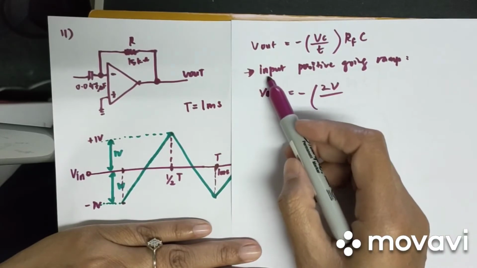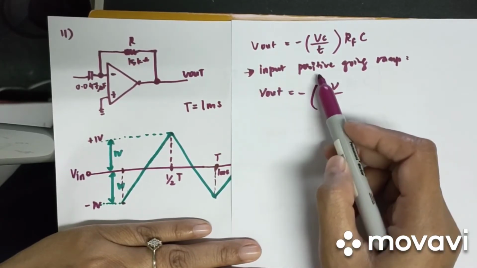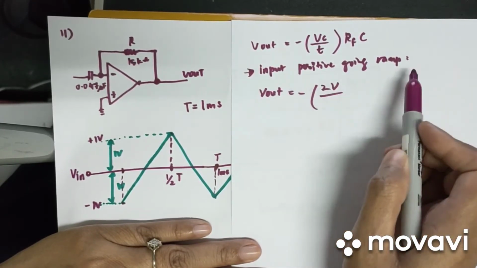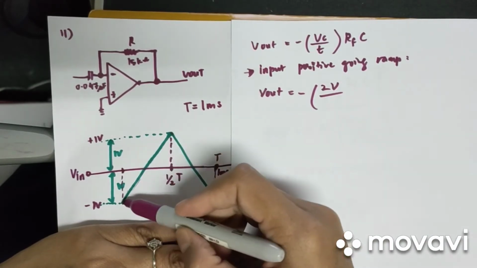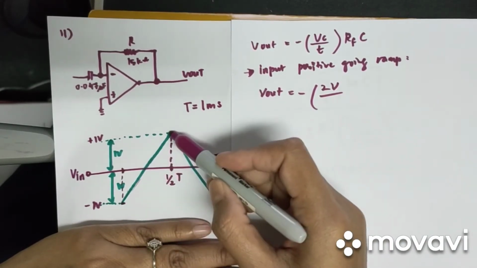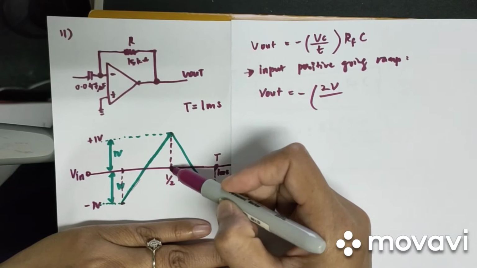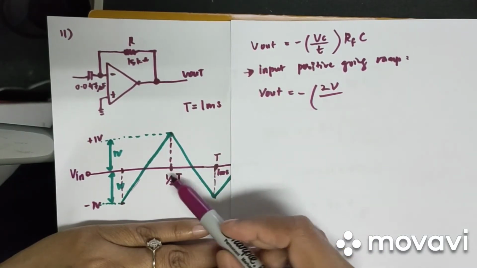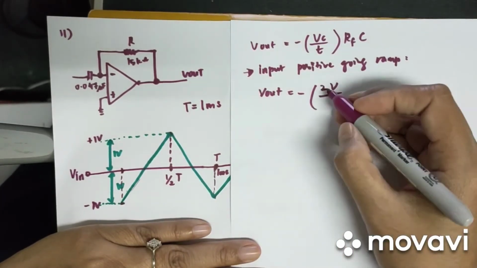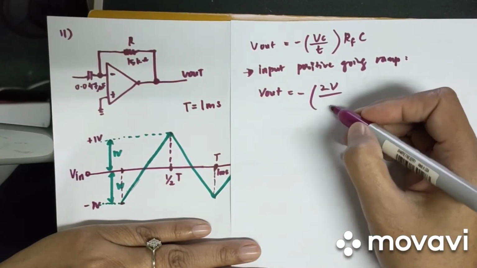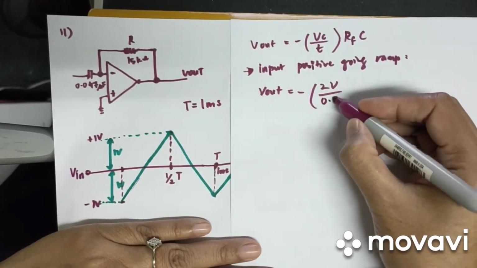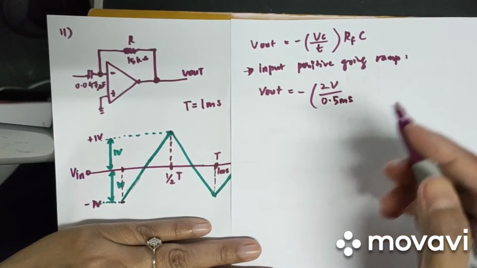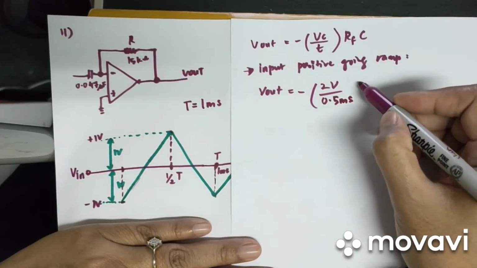For this case we are going to find only for when the input is positive going ramp, meaning this side only, from the lowest peak to the highest peak, up to this point only. That is only half of T, so half of 1 millisecond is 0.5 millisecond.